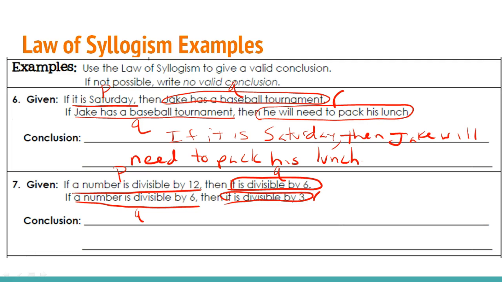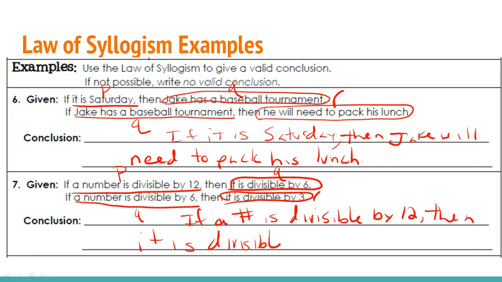So we can say that if a number is divisible by 12, then it is divisible by 3.